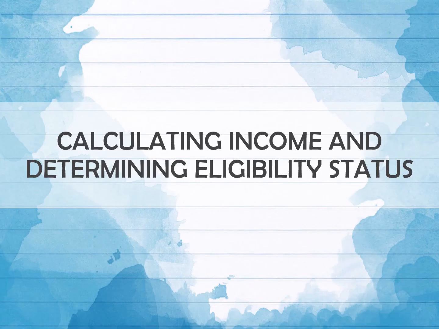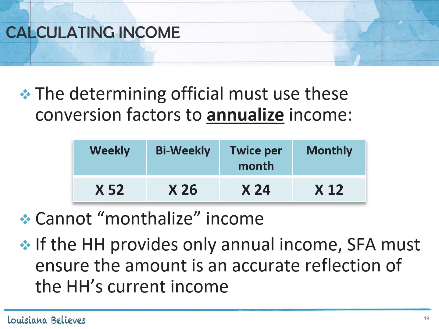Now we will practice calculating income on income applications. The determining official must use these conversion factors to annualize income if income is given in different frequencies on the application. Weekly income should be multiplied by 52 for the 52 weeks in a year.